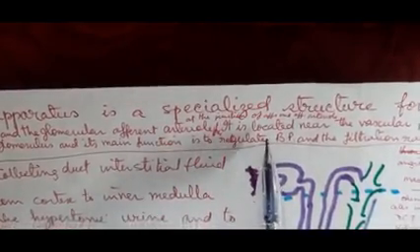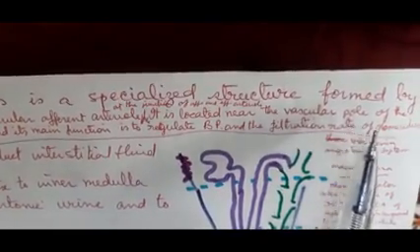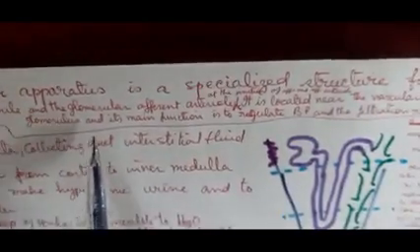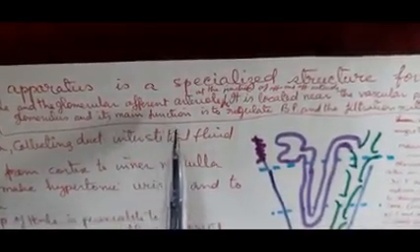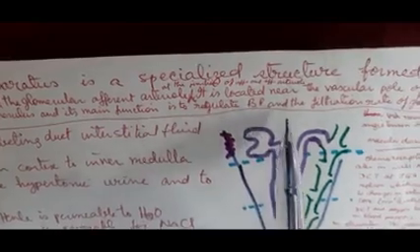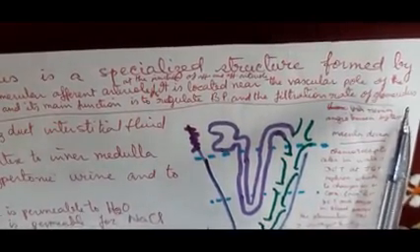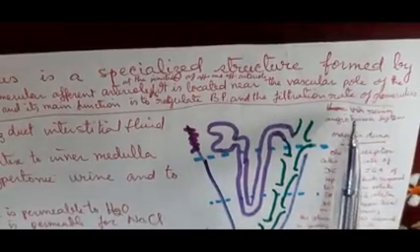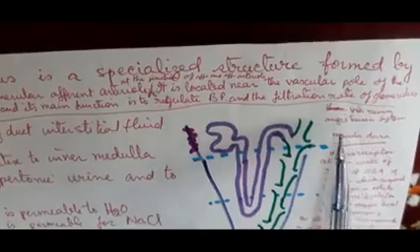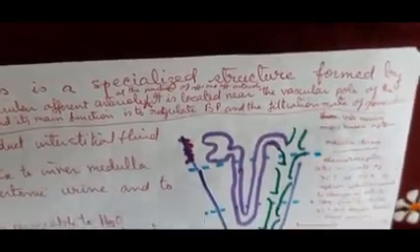It is located near the vascular pole of the glomerulus, and its main function is to regulate blood pressure and the filtration rate of the glomerulus via the renin-angiotensin system. Then about macula densa.